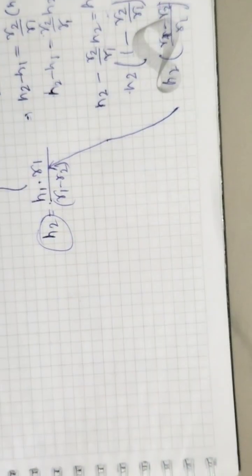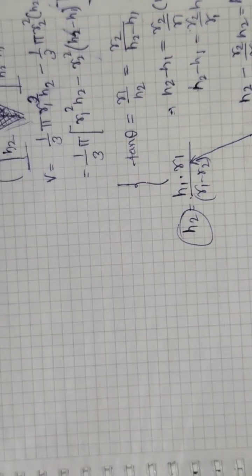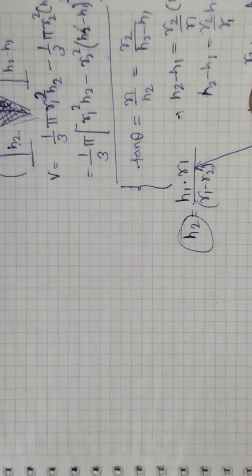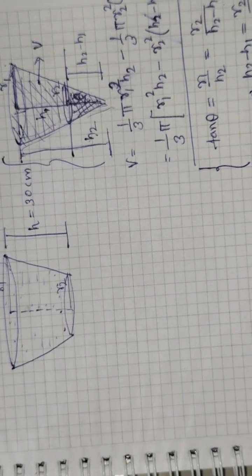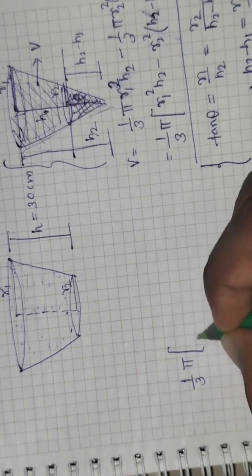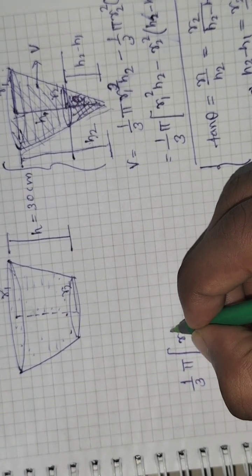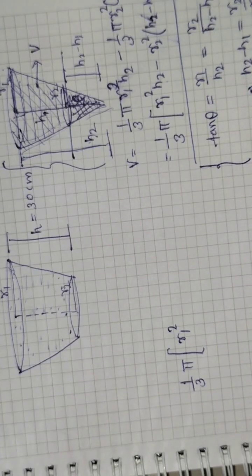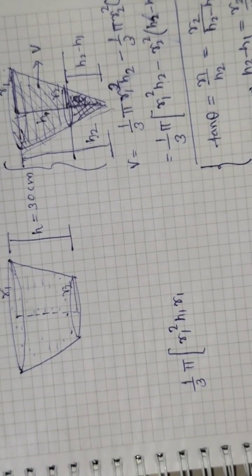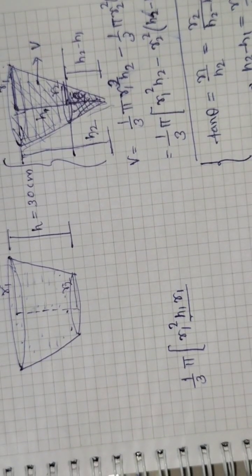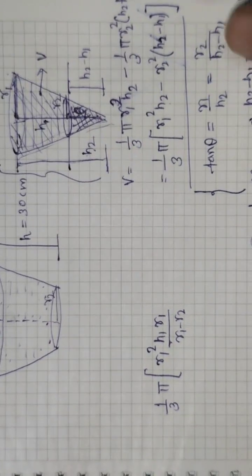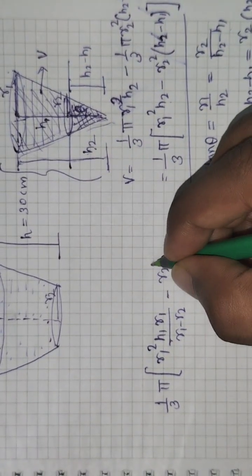This is h2, guys. So we will put this in our main formula. Here we will calculate 1 by 3 pi r1 square h2. What is h2? h2 is h1 r1 upon (r1 minus r2), minus r2 square.